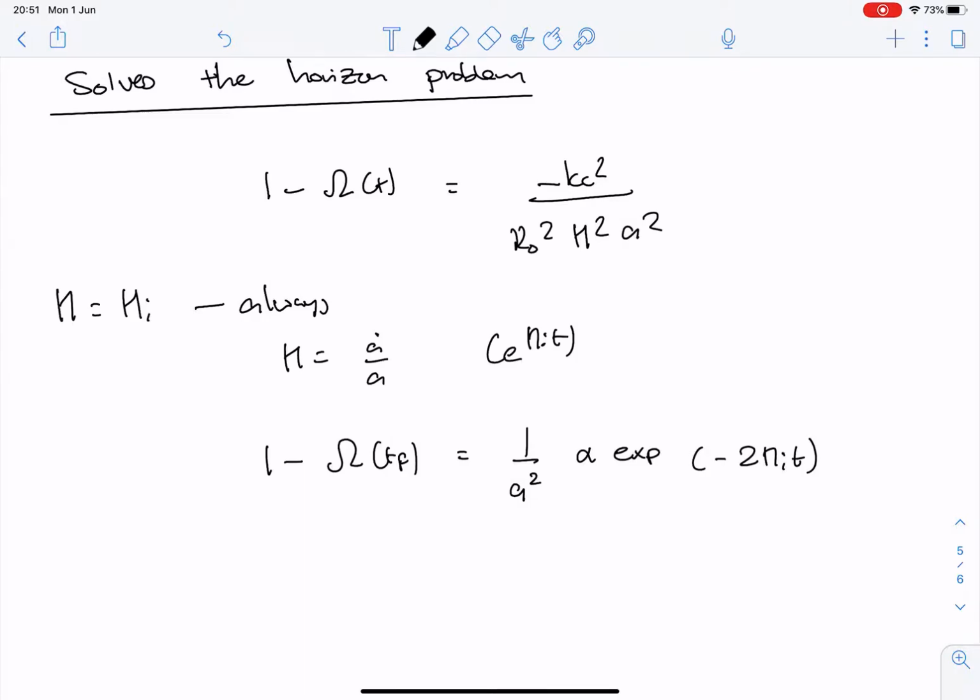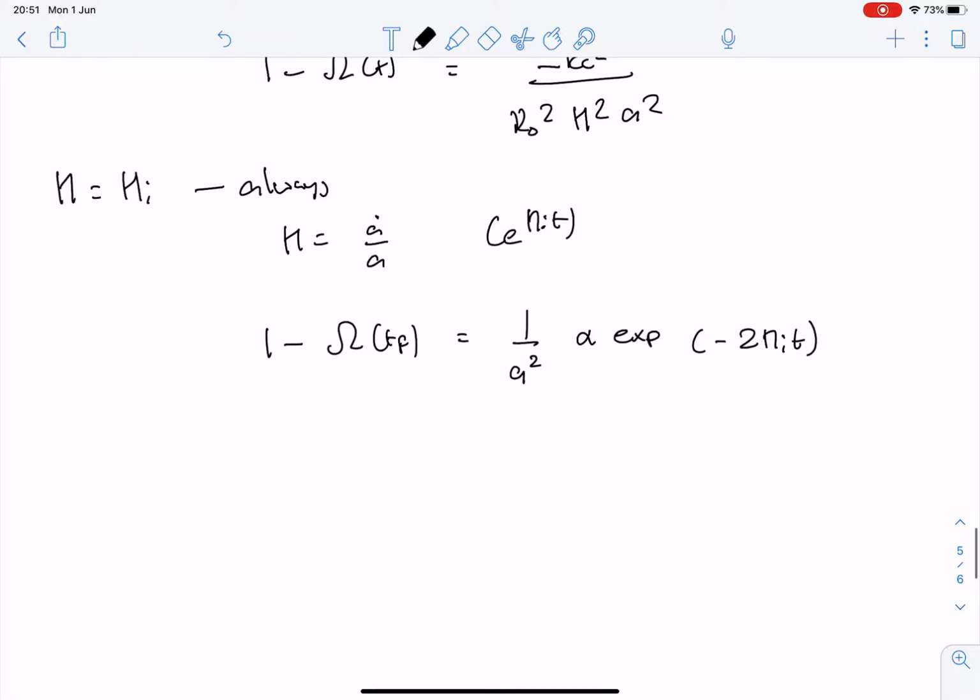Because it's squared, remember here, a squared. So it essentially changes by the exponential of minus 2N times whatever it was before inflation, the modulus thereof.